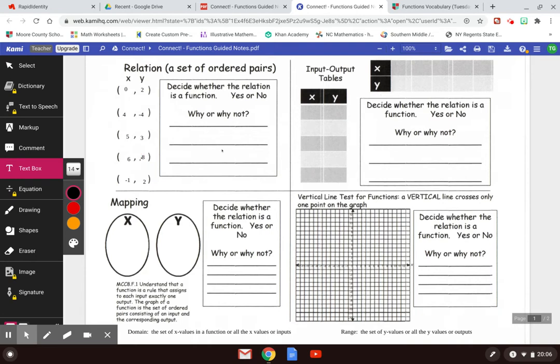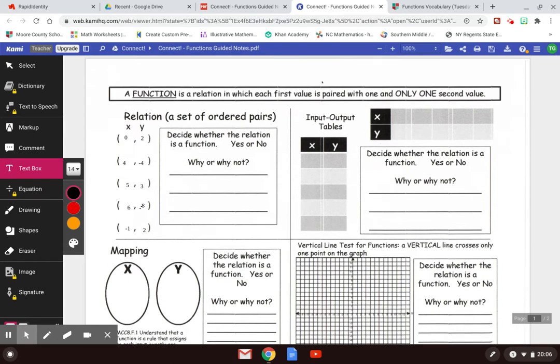All right? So the question over here says to decide whether the relation is a function, yes or no, why or why not. So, like we say here, the function is where each first value is paired with only one second value. So if you look here, the simple way to do this is look at your x values. Do any of your x values repeat?